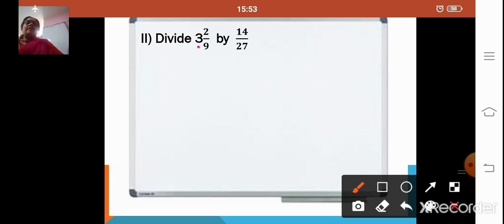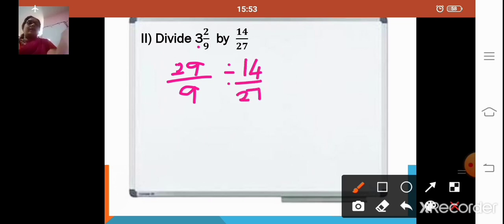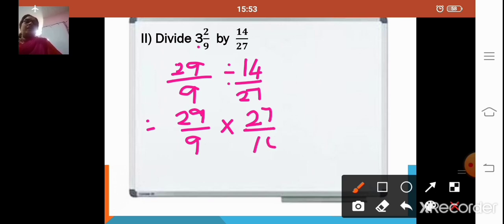So that is 9 threes are 27 plus 2, that is 29 upon 9 divided by 14 upon 27. Okay. Now we'll change the division sign to multiplication, that is 29 upon 9 multiplied by the reciprocal of the second fraction, that is 27 upon 14.